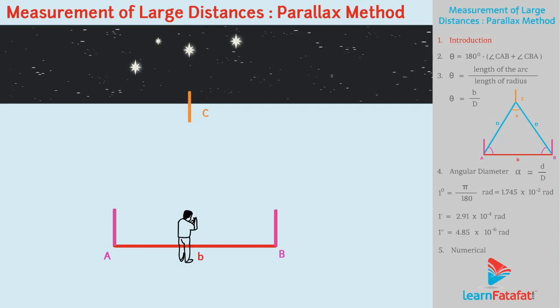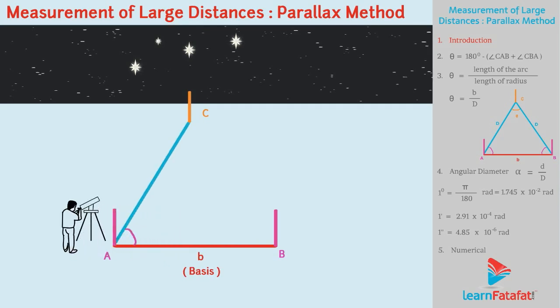This distance is called the basis. Then he goes to point A and finds the angle CAB by using any angle measuring tool. He repeats the same with point B and finds the angle CBA.